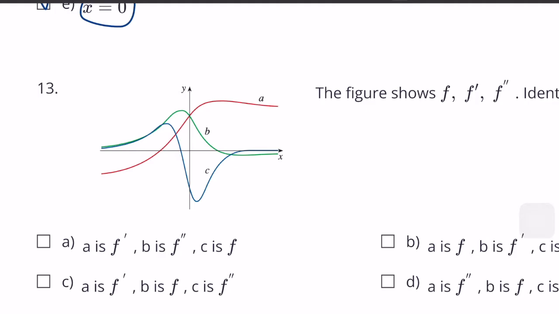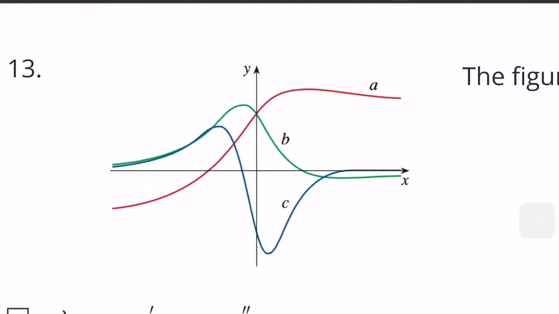Okay, now look at this A, B, C. What we are going to look for is, imagine if we take some slope that is 0. So we are going to take here, maybe here, or maybe here, and we are going to see which ones are connected.